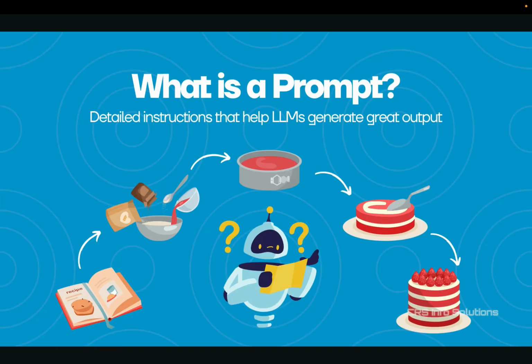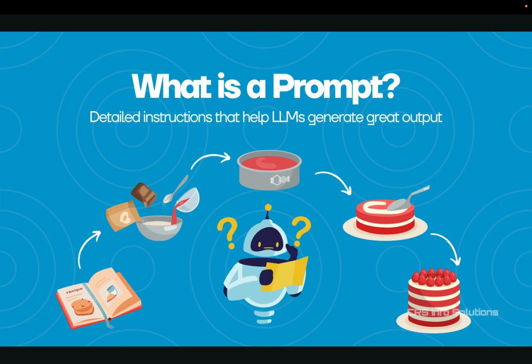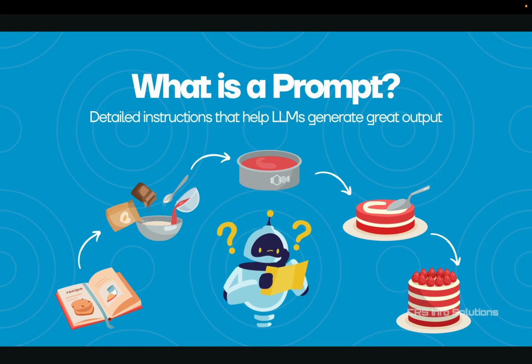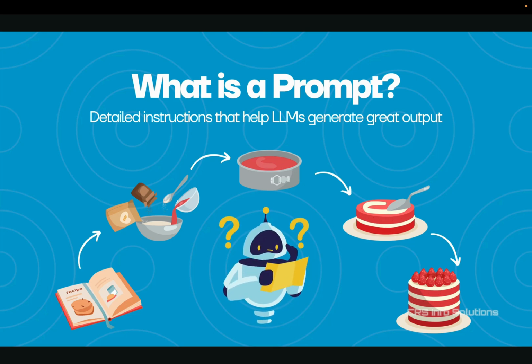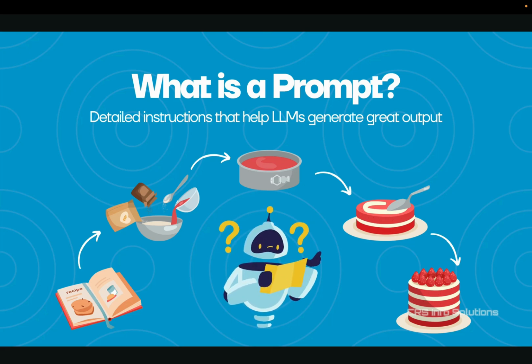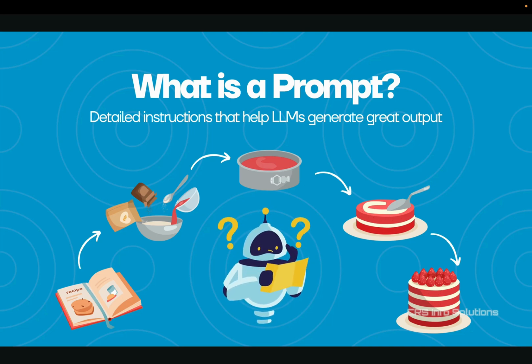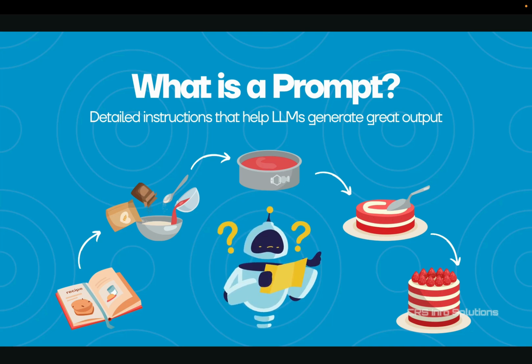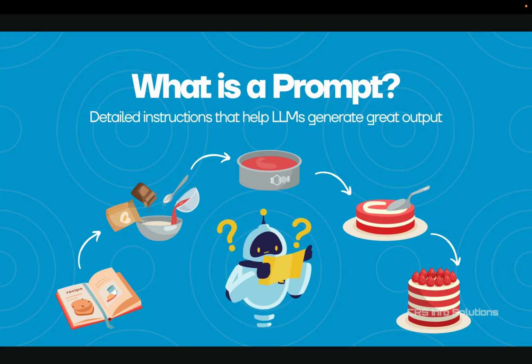Now let's talk about one of the most important concepts in AI: prompts. A prompt is simple, a set of instructions that tells AI what to do. Think of it as giving directions to a smart assistant. The clearer the instructions, the better the AI's response. To understand how prompts work, imagine this. You're the head chef at a busy bakery.